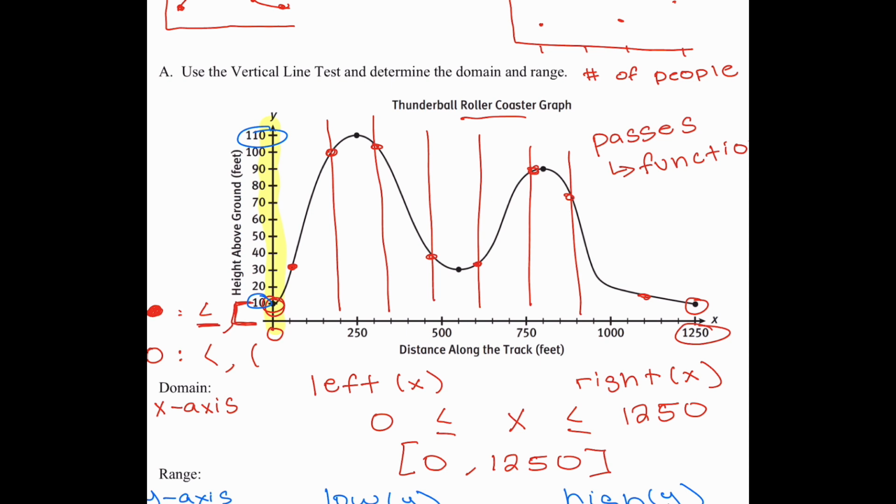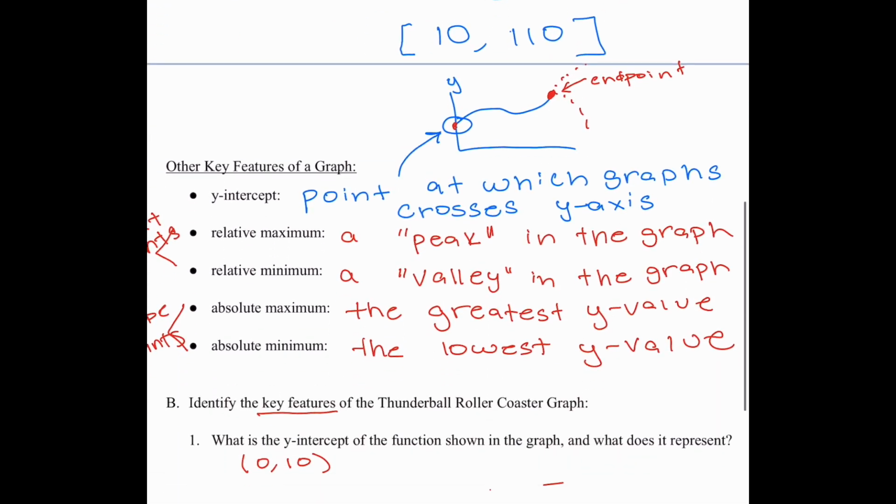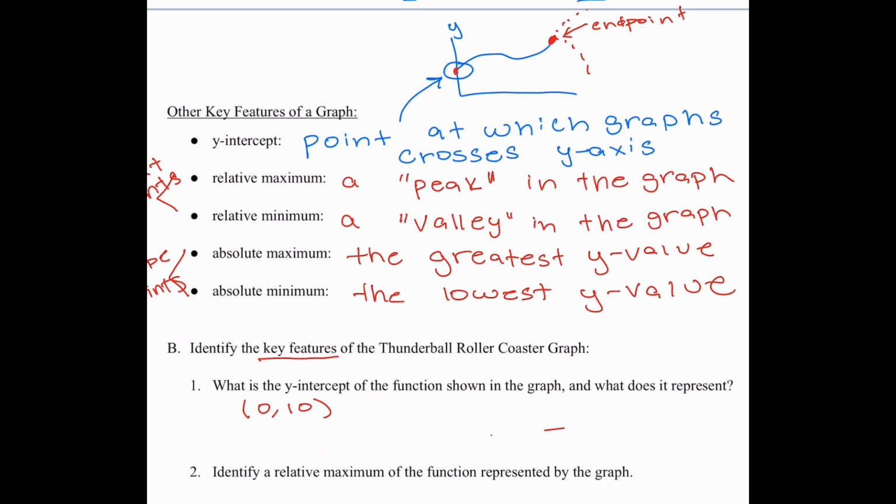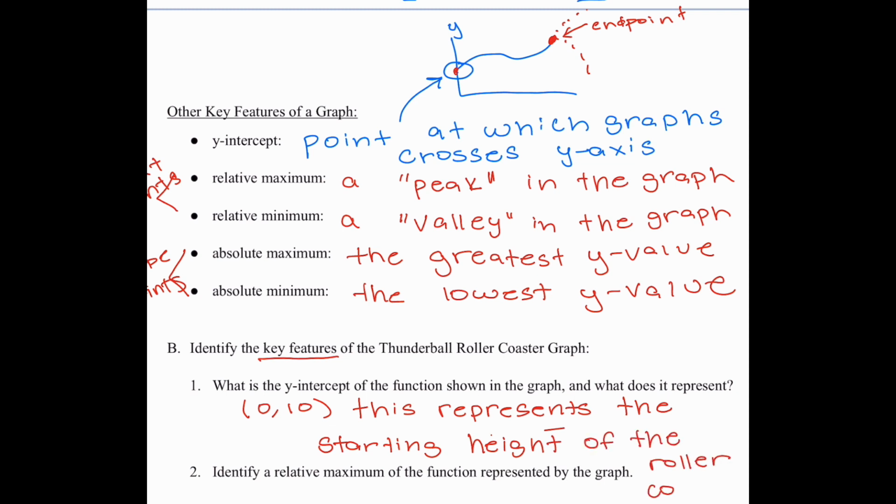So what this 10 feet represents is at the starting point of the track, before you even started the roller coaster, you are 10 feet off the ground. So this represents the starting height of the roller coaster.